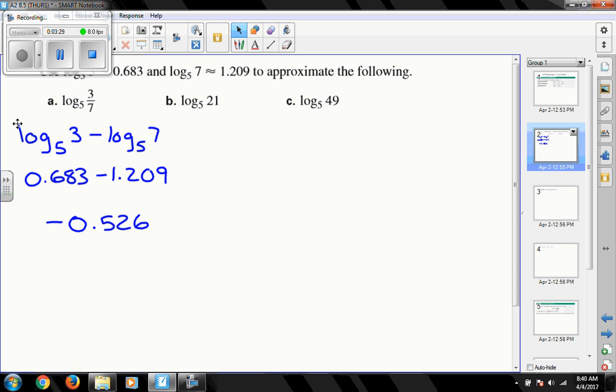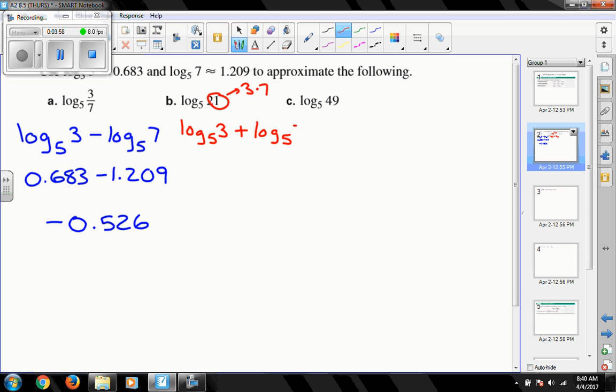Now log base 5 of 21. Well, this doesn't seem like much, and it doesn't look like we have enough information given to us. But what we can do is we can take 21 and we can say that this is 3 times 7, and we can use our product property, and we're going to take log base 5 of 3 plus log base 5 of 7.